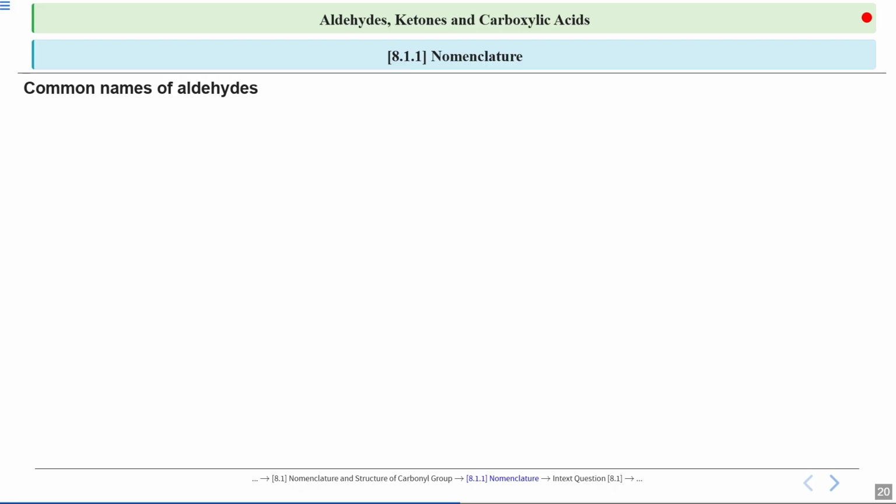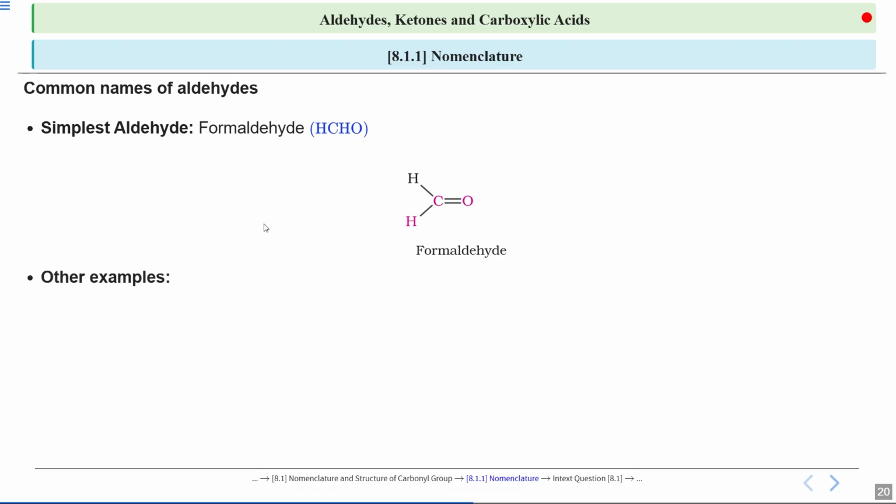Next, if we see, then the simplest aldehyde is formaldehyde. So the formaldehyde, if I say, it is the simplest aldehyde. So on both the sides of this carbonyl, this C double bond O or the carbonyl group, you have a hydrogen atom. So this is commonly called as formaldehyde. Now, if we see the other examples, this is acetaldehyde.